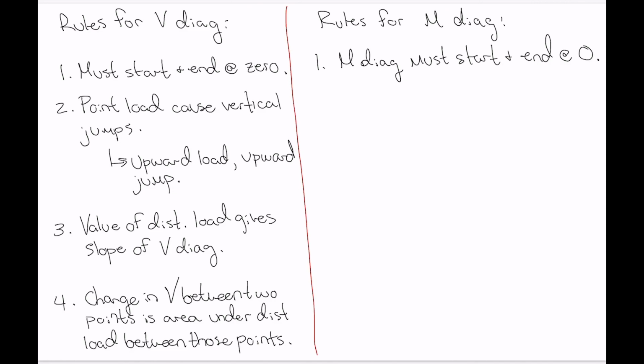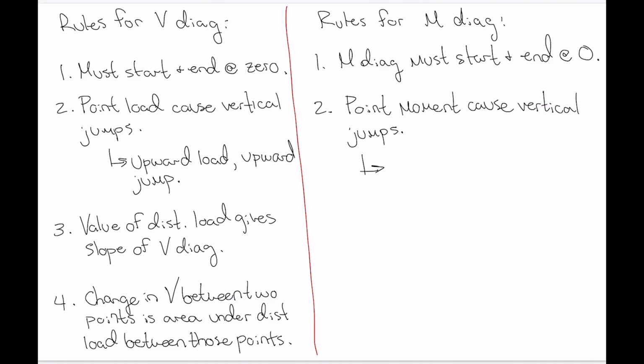Second rule. So if point loads cause vertical jumps on a shear diagram, you can guess what is going to cause a vertical jump on a moment diagram: a point moment. So point moments cause vertical jumps. If the moment is clockwise, it's a jump upward.